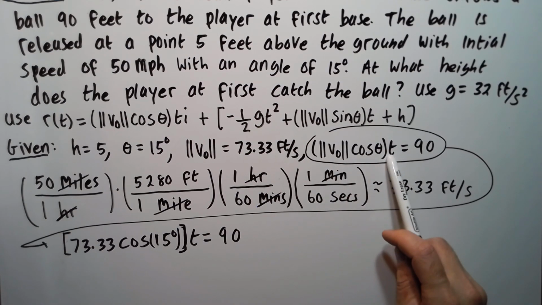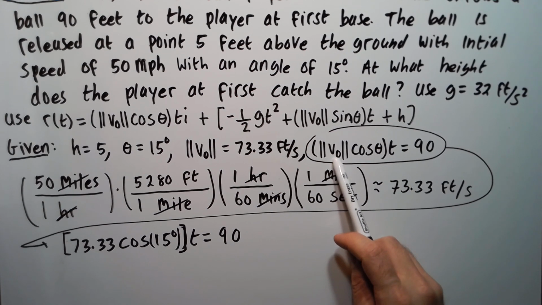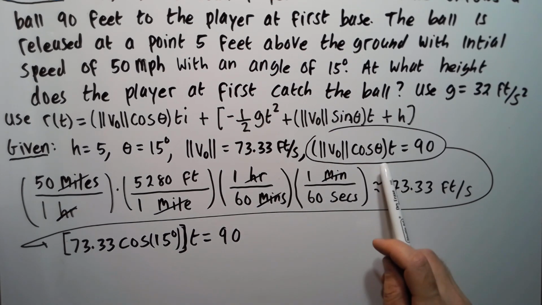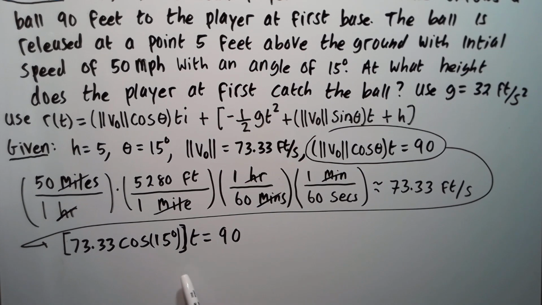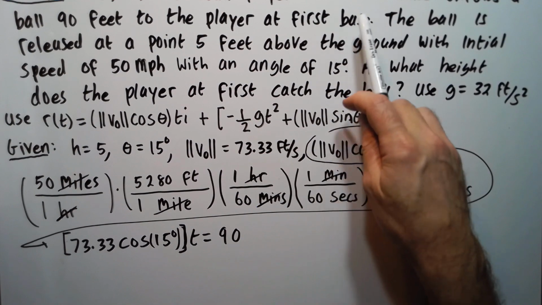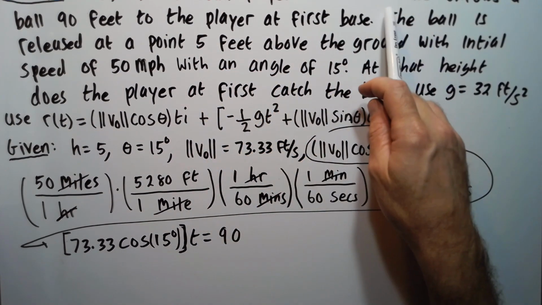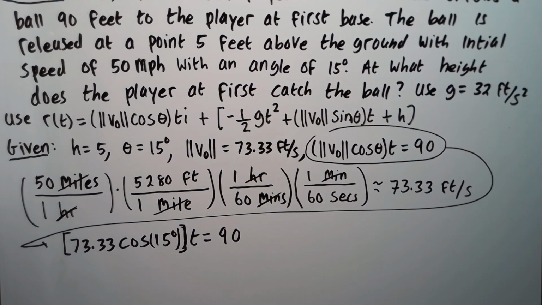So plugging into this now, the initial speed is 73.33, the angle is 15 degrees, and 90 equals that times t. We can then solve for t, so that's pretty much how long it's going to take the ball to get from the player at second base to the player on first base.